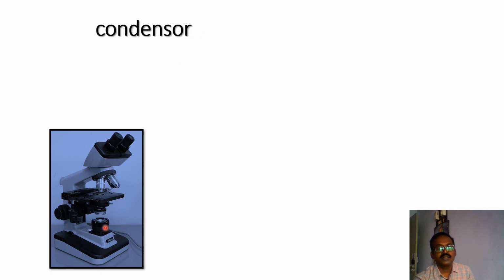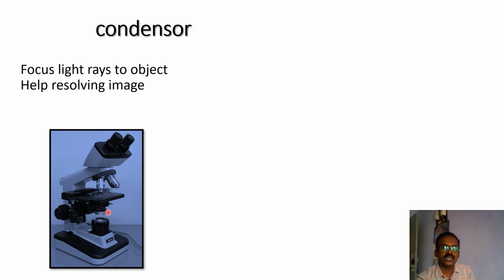The condenser is located just above the iris diaphragm. The main function of the condenser is to focus the light rays onto the object. Condensing the light is helpful for resolving the image.